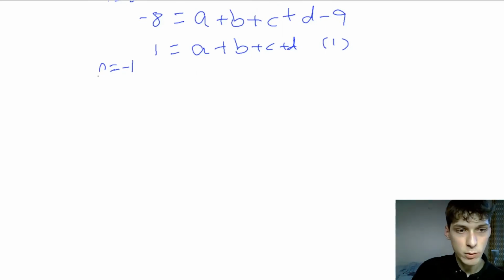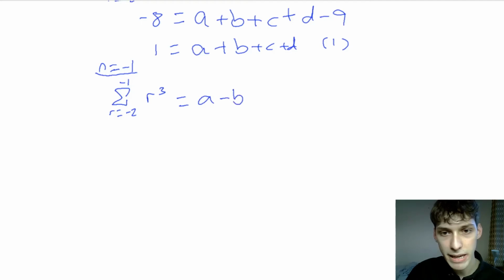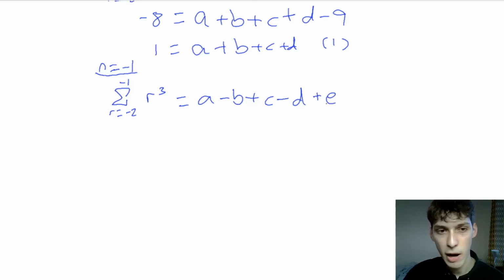So yeah, n equals minus 1 now. We have the sum from r is equal to minus 2 to minus 1 of r cubed is equal to, okay, now we have a minus b plus c minus d, and then a plus e. And that's just by evaluating minus 1 to the 4, to the 3, to the 2, etc. to find the coefficients.